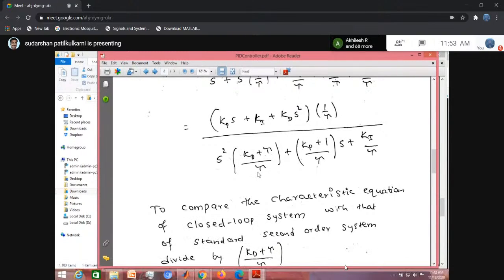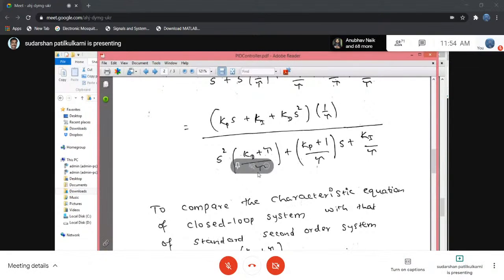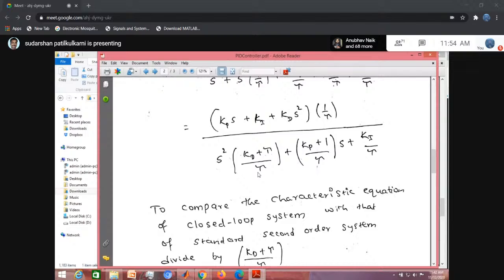You remember that when you are calculating roots of the equation, we equate the equation to 0. Since we are equating it to 0, dividing it by any number will not affect the roots.